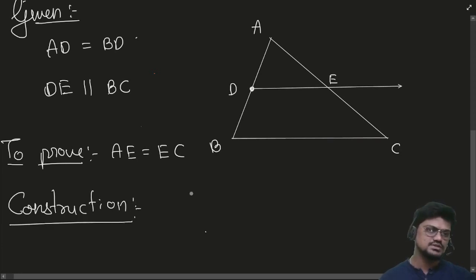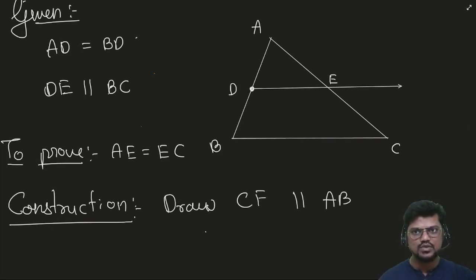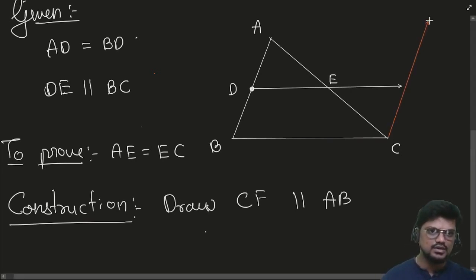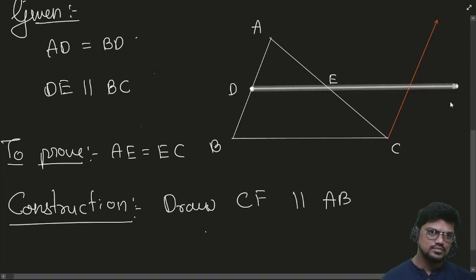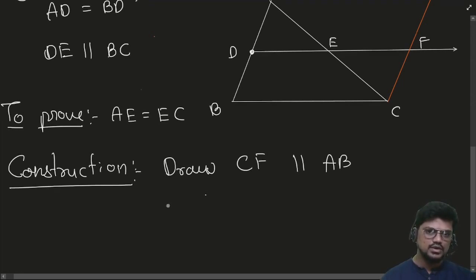The construction is: draw CF parallel to AB. That means I will have to draw a line CF parallel to AB like this. Got it? I have drawn a parallel line over here.